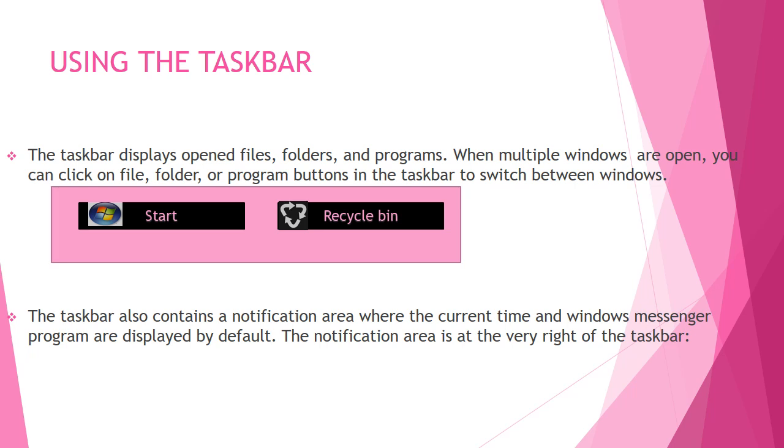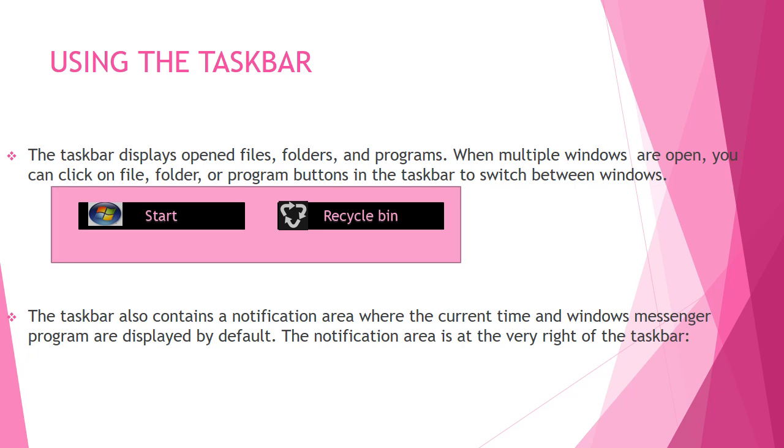It is located at the bottom of the screen on the left-hand side. You'll be able to locate all programs, or any file or item you are trying to look for. You'll be able to search for them on that taskbar.